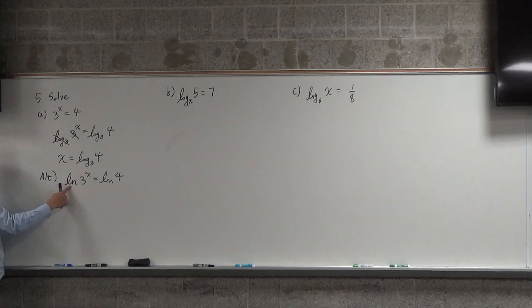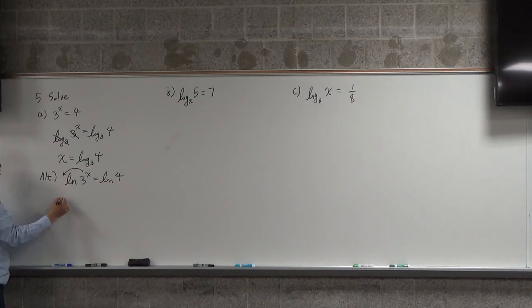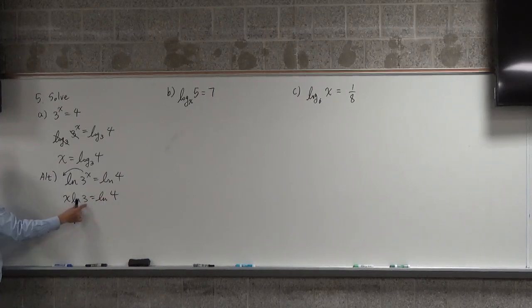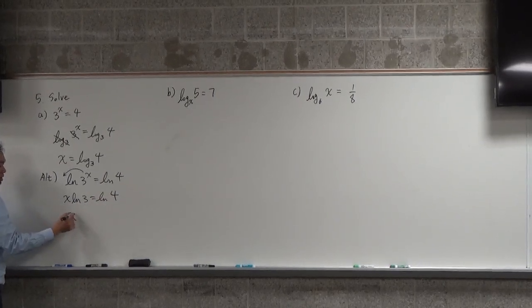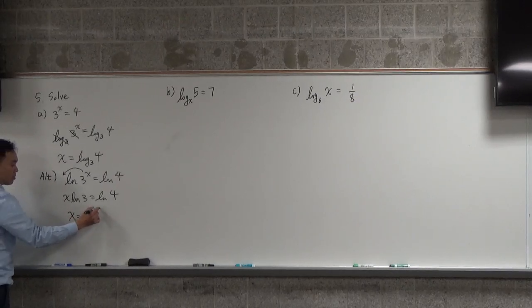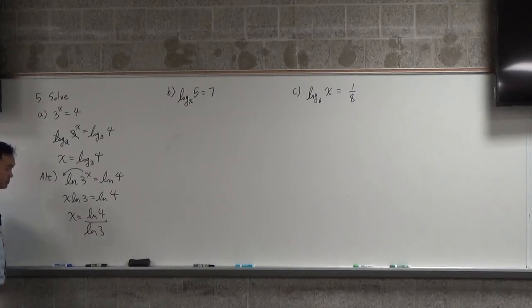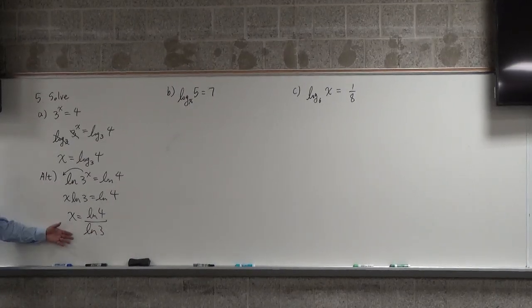But because this is log base e and this is 3, they do not cancel. Instead, what you can do is you can pull the x in front, make it jump over the log. And now you divide everything by log of 3, and you get x equals to ln of 4 divided by ln of 3. And this is a perfectly valid solution. This is also full credit.